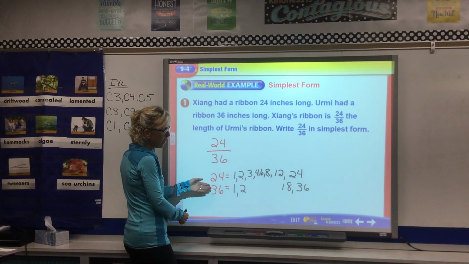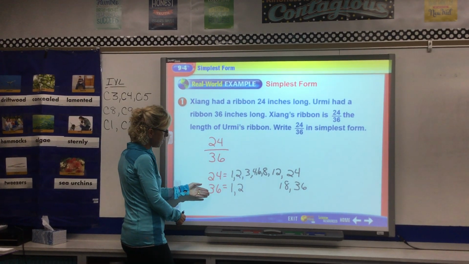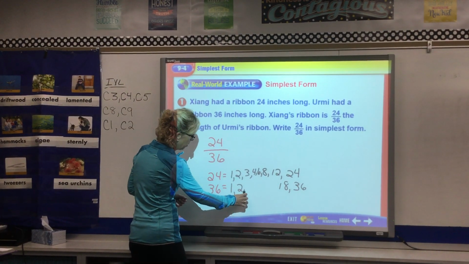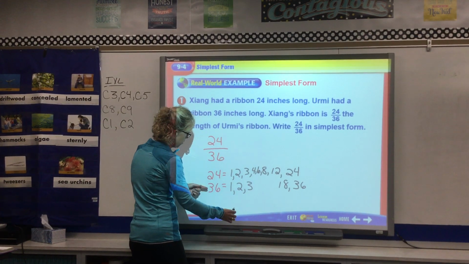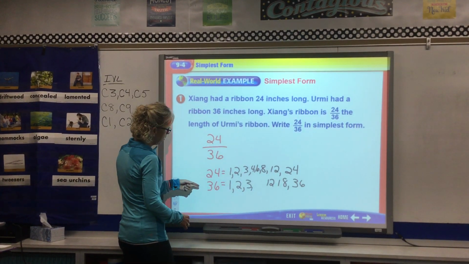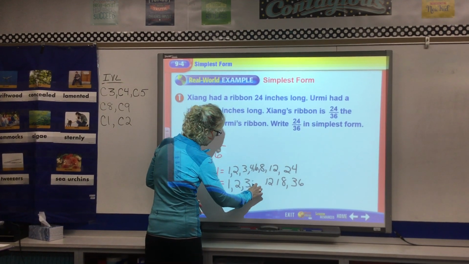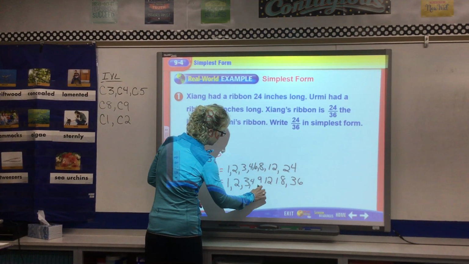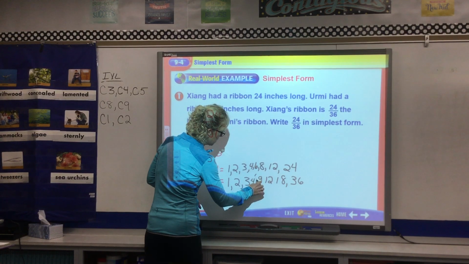If 3 goes into the sum of the digits, then 3 goes into that number. So 3 goes into 36 12 times. I know that 4 times 9 is 36, and then I'm going to scrunch in 6 times 6.